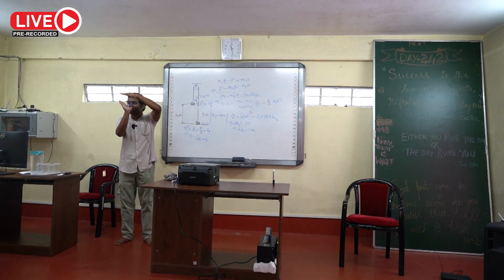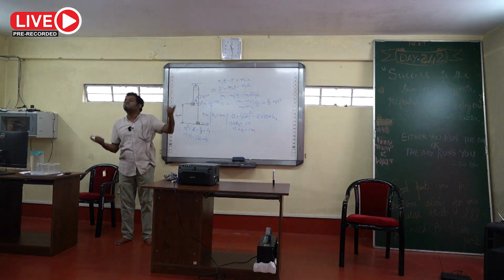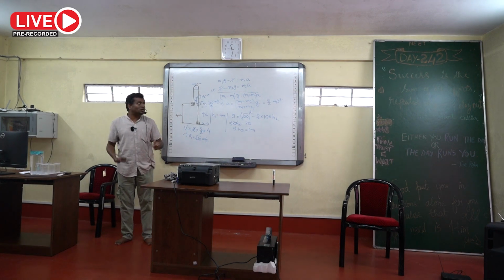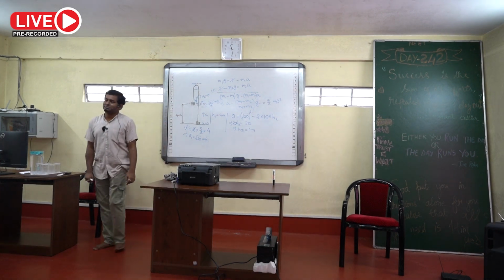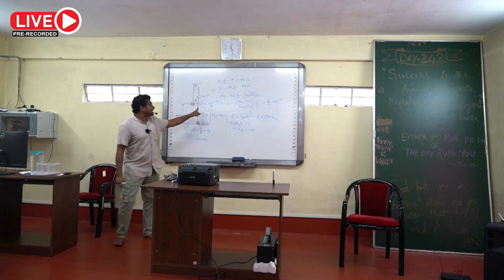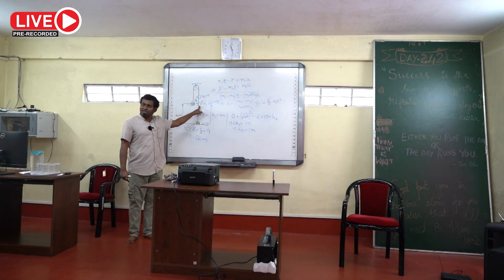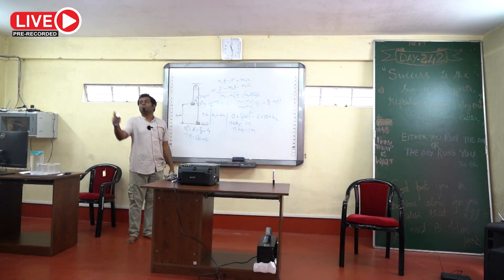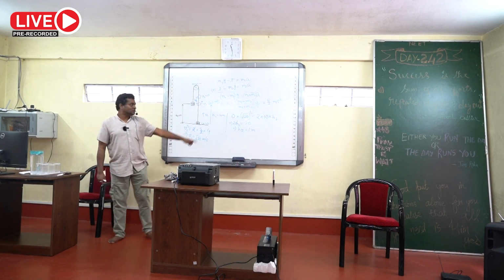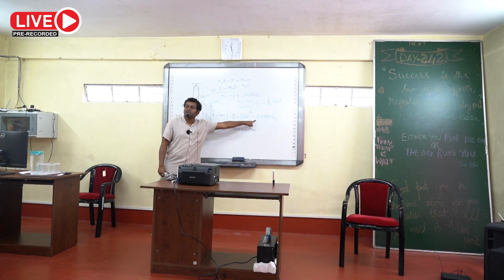It is in unstretched condition. Unstretched condition means tension is not there. If the tension is not there, then that acceleration is absent. So which force only acts on this mass? Only gravitational force, and gravitational force is downward, producing retardation. So that's why the second part is retardation under the action of gravity.